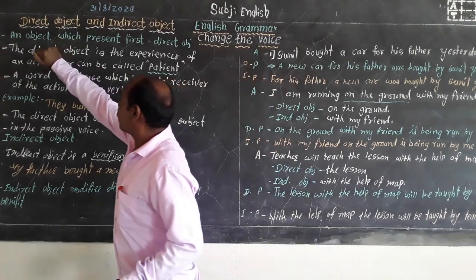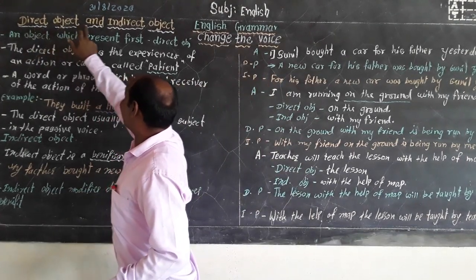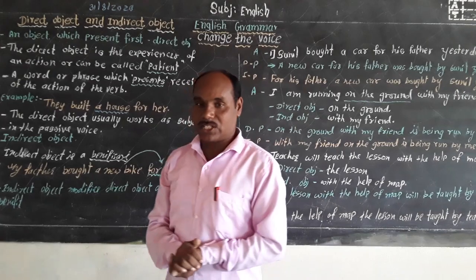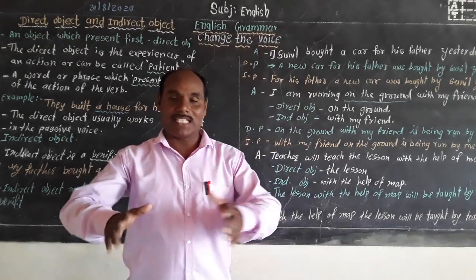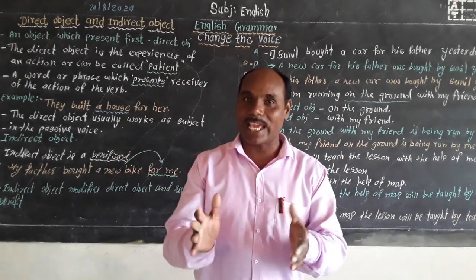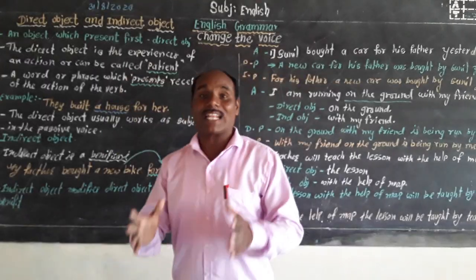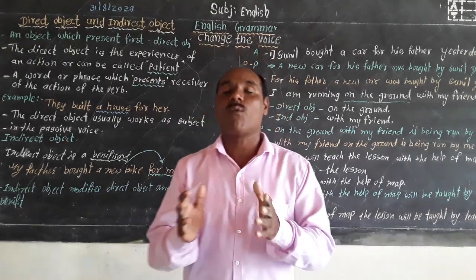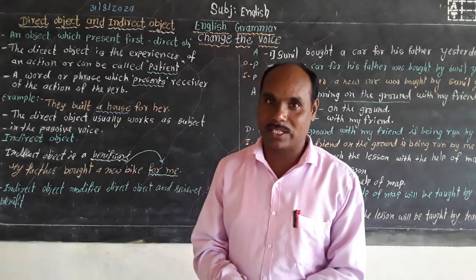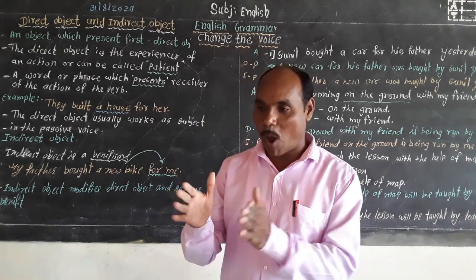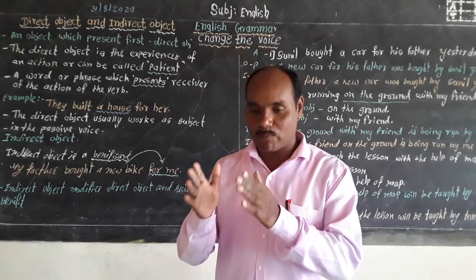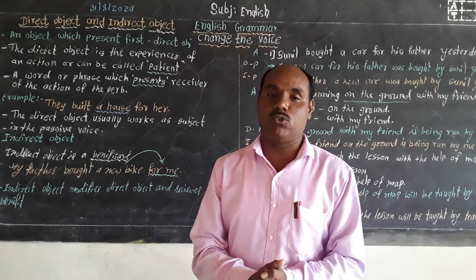Okay. But direct object and indirect object. To prepare the sentences of direct object and indirect object, we must know what a direct object is and what an indirect object is, or what purpose a direct object is used for, or what purpose an indirect object is used for.